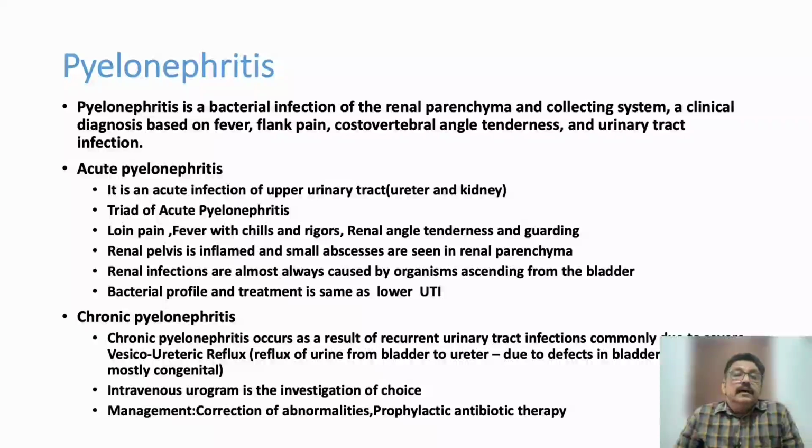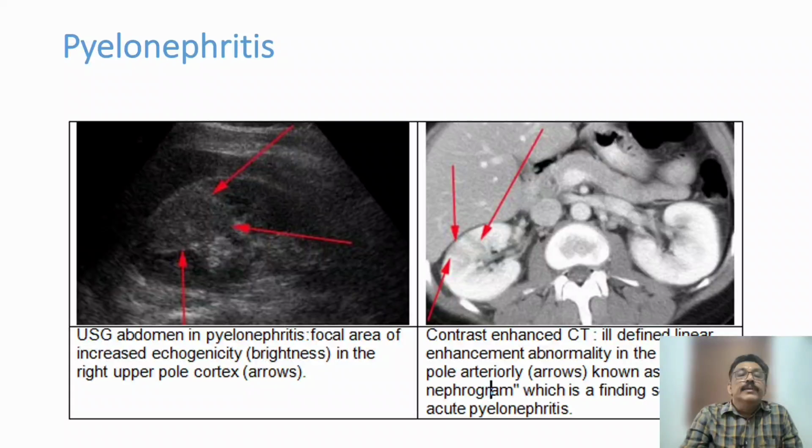Whatever it is, the investigation has to be done in detail, because we may have to consider other causes like immunocompromised status, like diabetes or malignancies. Renal malignancies can be there sometimes, or other multifocal infections. So detailed evaluation has to be done for pyelonephritis.